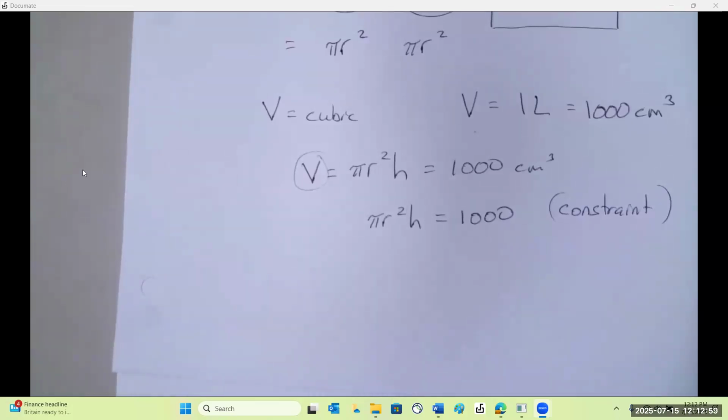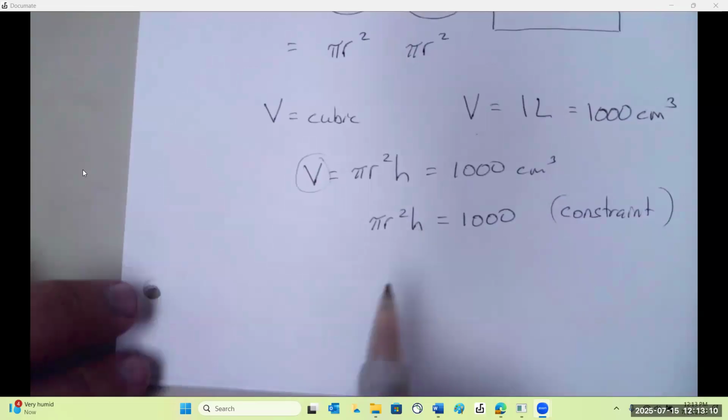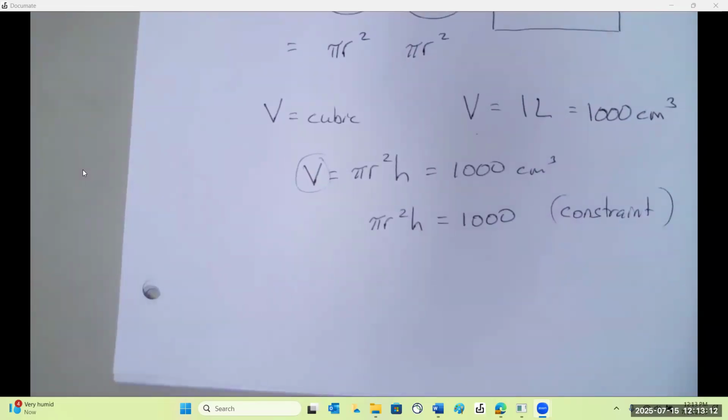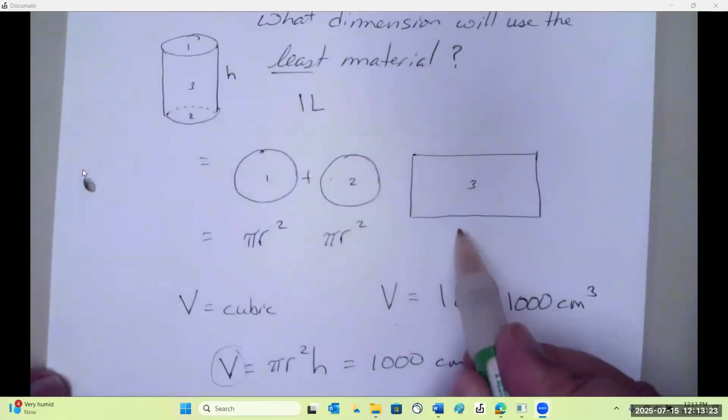It cannot exceed 1 liter of volume. So what do we solve for here? What's our unknown that we need to define? Nope. Well, what's the formula for this one?